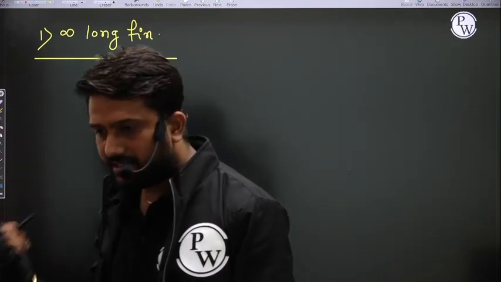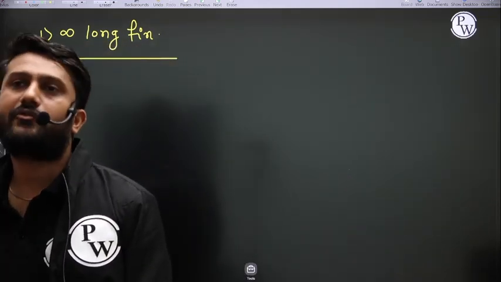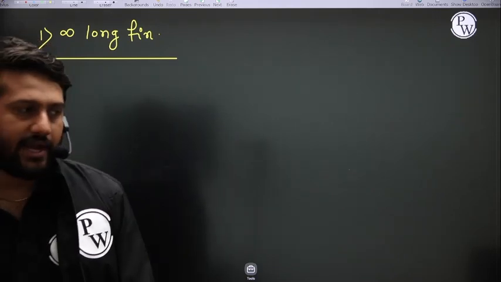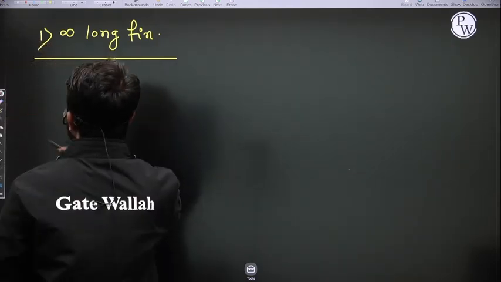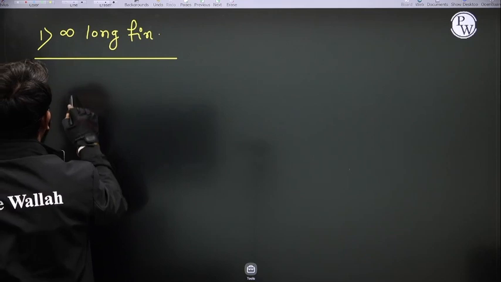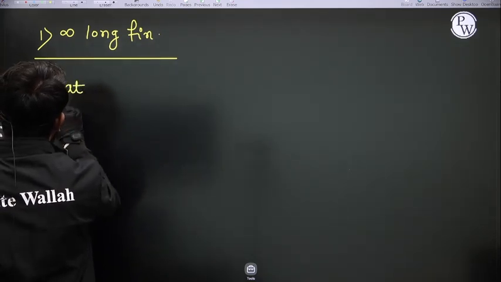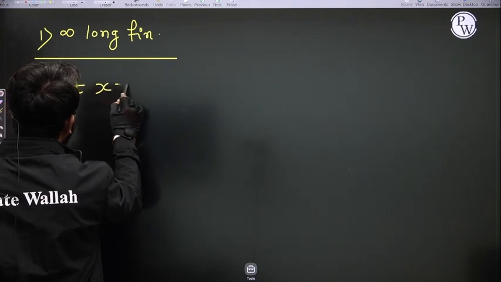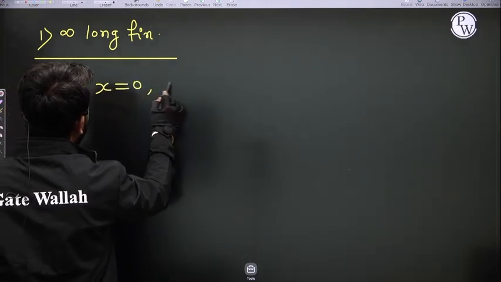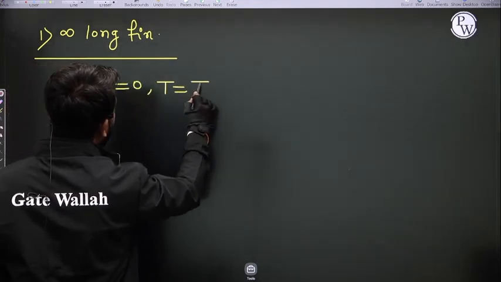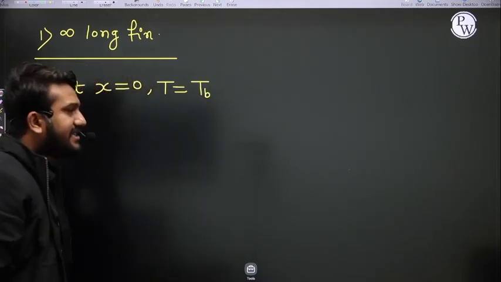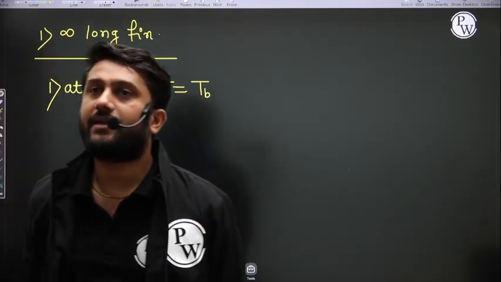Now to find out C1 and C2, I am using the boundary conditions. And what are those boundary conditions? The first boundary condition is at x equal to 0, we already know T is equal to TB, the base temperature.